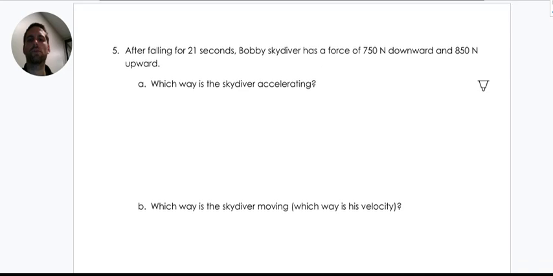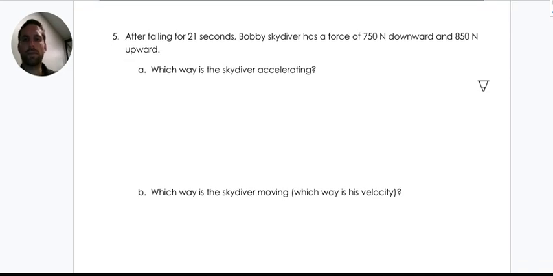All right, for this problem, it's a little different. For number 5, we have a force of 750 newtons downward and 850 newtons upward.